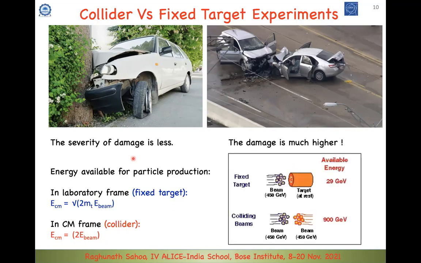If you look at a fixed target of 440 GeV, and go for a similar beam collision in collider mode, you will have energy available of almost 900 GeV. So the energy available here is 29 GeV and this is 900 GeV with the same beam energy. That is one of the reasons that colliders are more preferred.